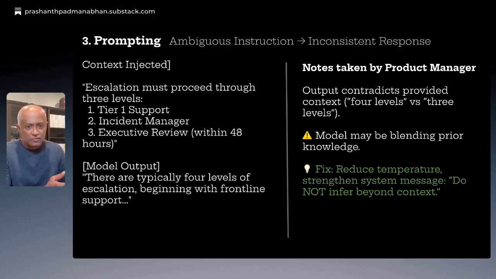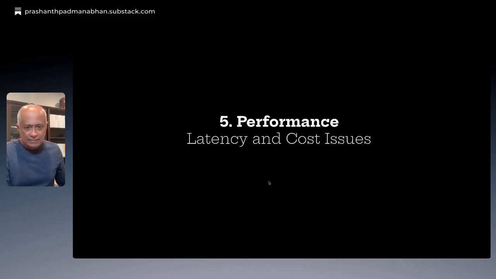So the fix for something like this could be to go back and check the temperature of the model, and reduce the temperature, and then also strengthen the system message, the prompt, saying do not infer beyond context. Not just adjust the temperature to ensure that the LLM is conservative when it answers this question, but also very specifically say do not infer beyond context.